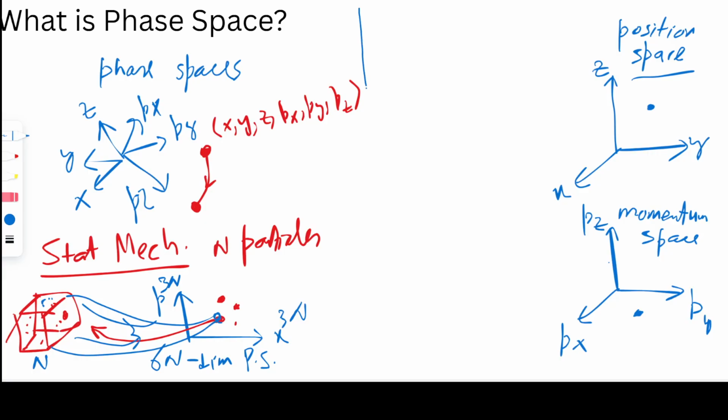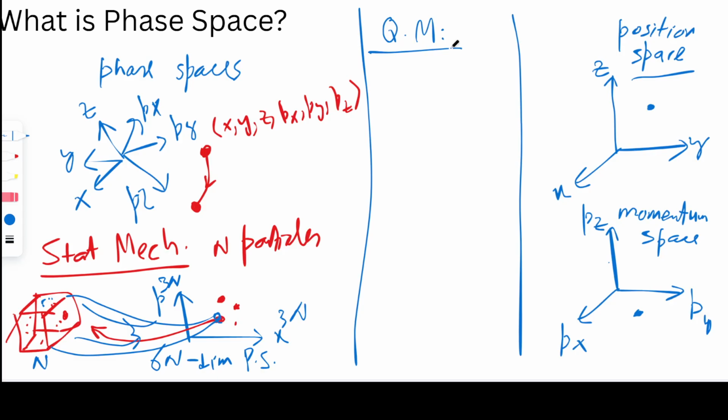Now let's briefly talk about what happens when we go to quantum mechanics. So in quantum mechanics, we know that definite position and momentum cannot be simultaneously assigned to a particle because of the Heisenberg uncertainty principle. So this is proportional to Planck's constant.